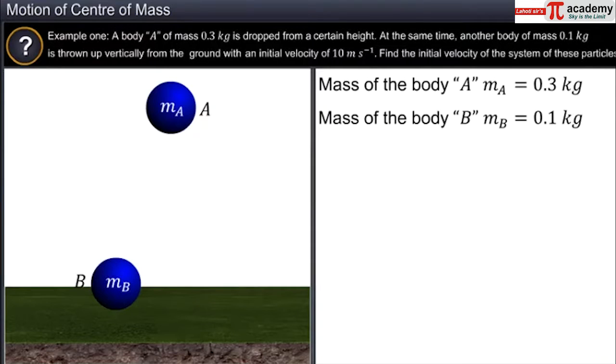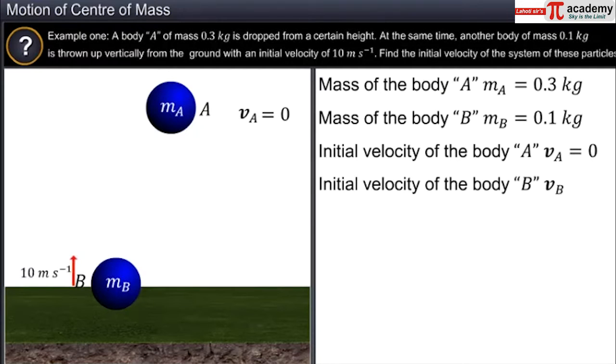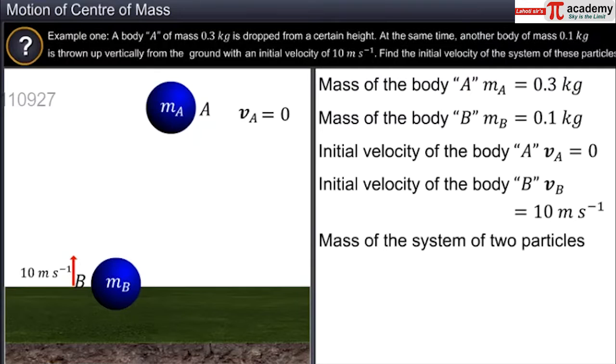For the body A, initial velocity Va is equal to 0. And for the body B, initial velocity Vb is equal to 10 meters per second. Mass of the system of two particles M is equal to ma plus mb, that is 0.3 plus 0.1 is equal to 0.4 kg.